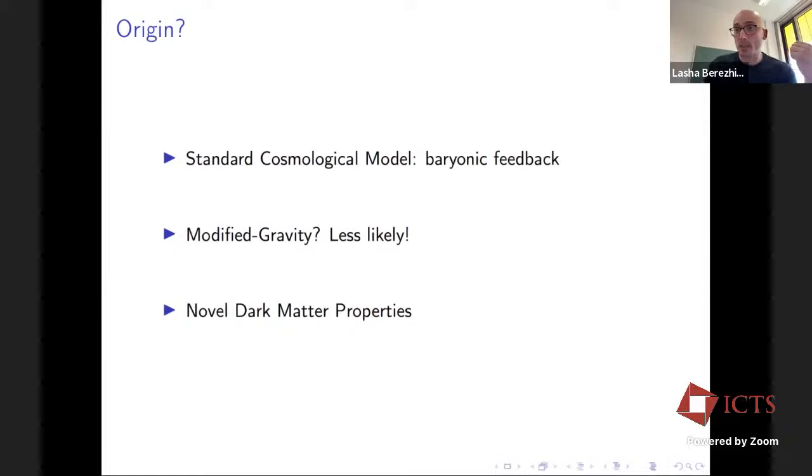But the point is that now the way we understand how gravity works is that the only way to modify gravity is to introduce new particles and new degrees of freedom. And that is not minimal. Actually, that's the opposite of minimal. It usually tends to be quite challenging, because the moment we modify gravity, we have to ask so many other questions and address them that it becomes completely intractable.